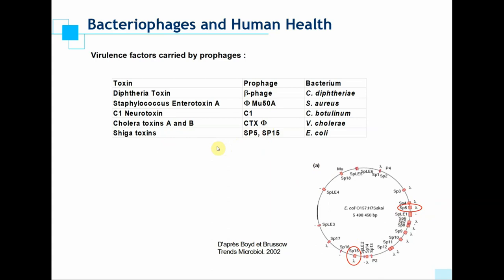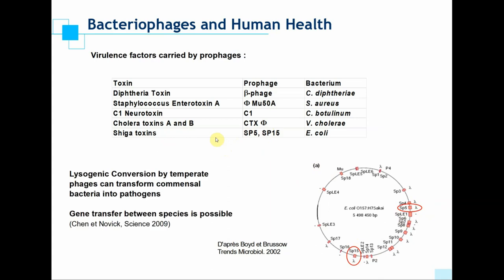Now, of course, these prophage don't just sit around in the same bacterium. They can transfer these virulence genes between bacteria by transduction.